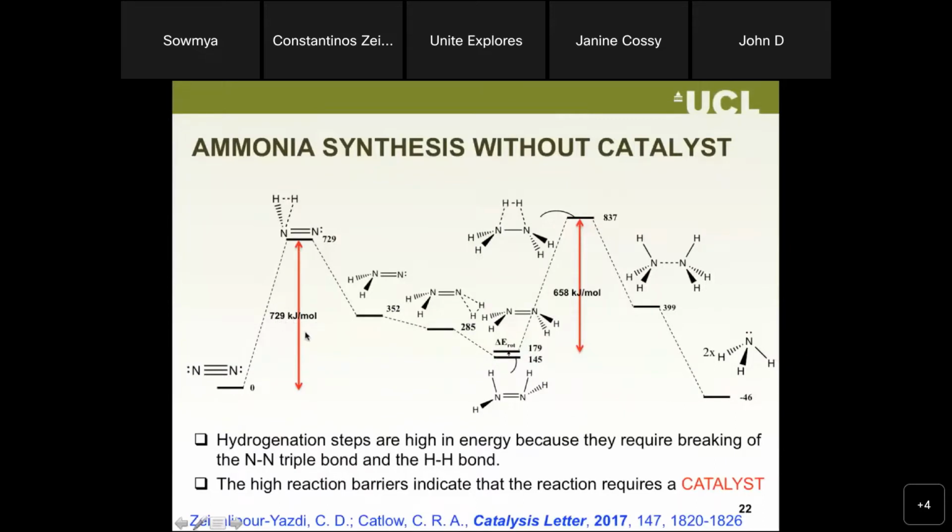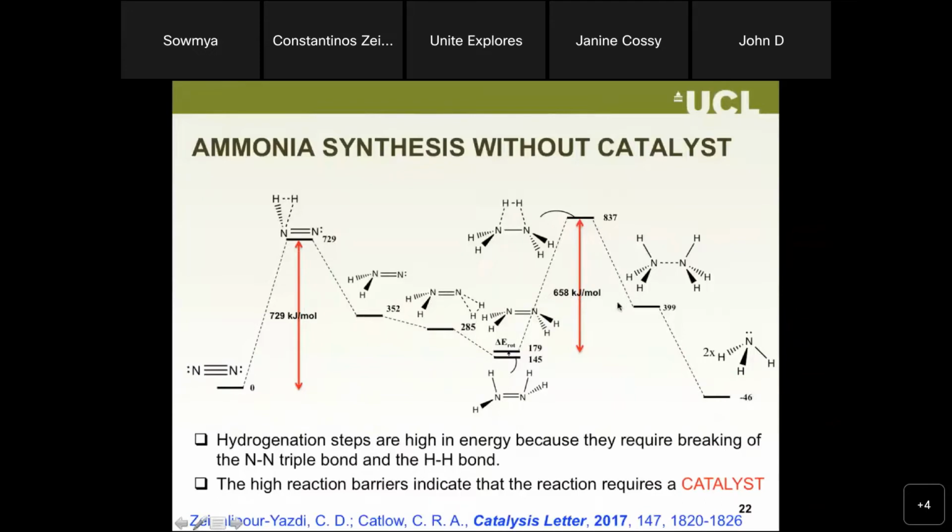So that's definitely a reaction barrier that could be helped by the use of a catalyst. The second hydrogenation step is barrierless, because of the formation of this hydrazine intermediate. And then the third hydrogenation step is again very high, 658 kilojoule per mole.